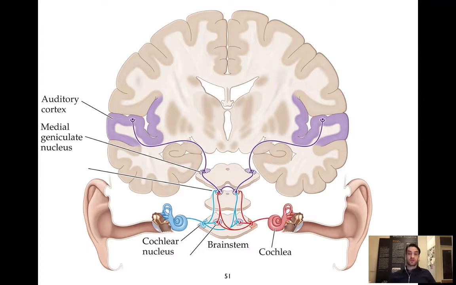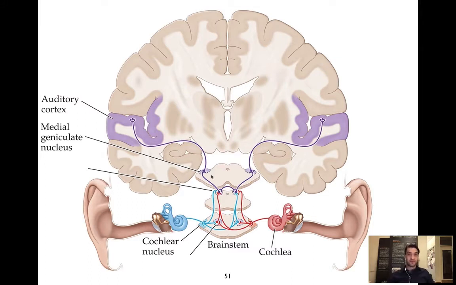Now, one thing I want you to notice is that after initial processing in the brainstem, maybe even up into the midbrain, there's the separation between the red and the blue. Once we get to the cortex, once we get to the MGN and the thalamus, now everything's purple, okay?